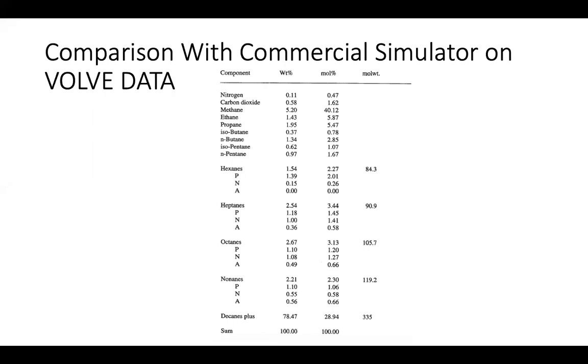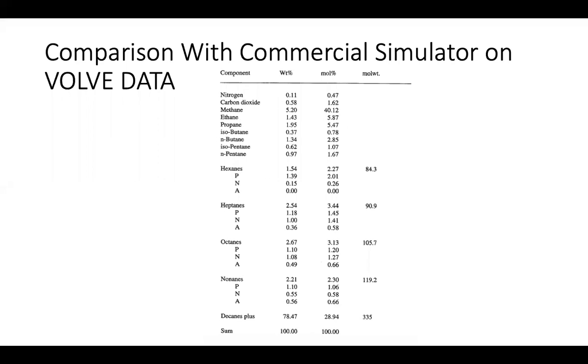Okay, and it's a recombined sample, and this is the composition for the recombined sample. So I ran some tests for it through my simulator, which I'm calling the Raphael_PVT simulator. I've named it after my son.